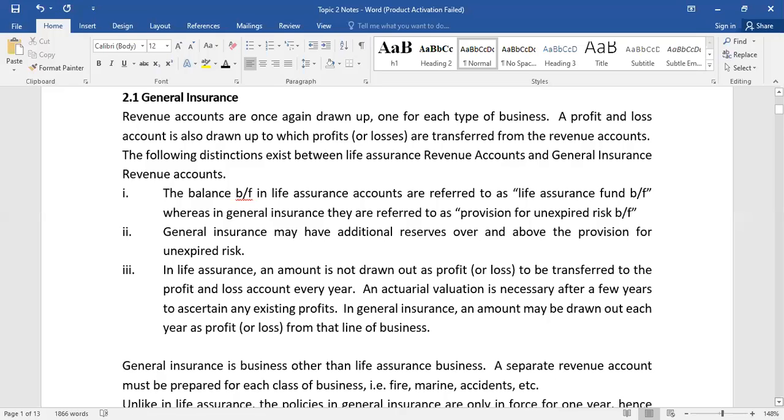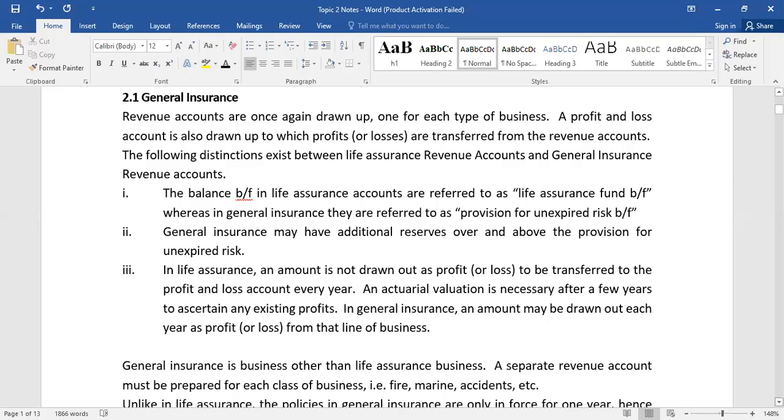So when we are talking of the balance brought forward, it will merely be a provision for the unexpired risk. If you are not hit by the risk, it doesn't mean that it won't recur when we start next year. For those people who join somewhere in September, we expect that they had cushioned themselves and the expiry date will be September next year. Secondly, general insurance may have additional reserve over and above the provision for unexpired risk.